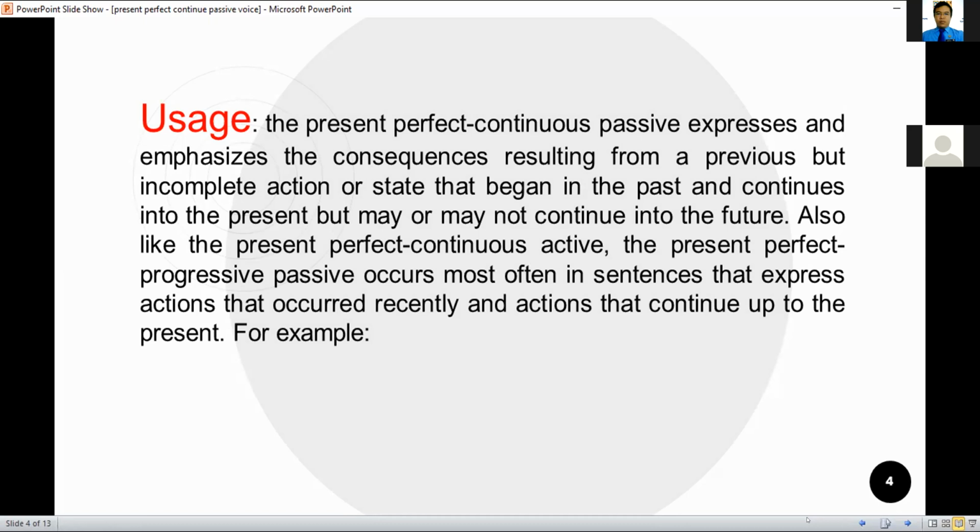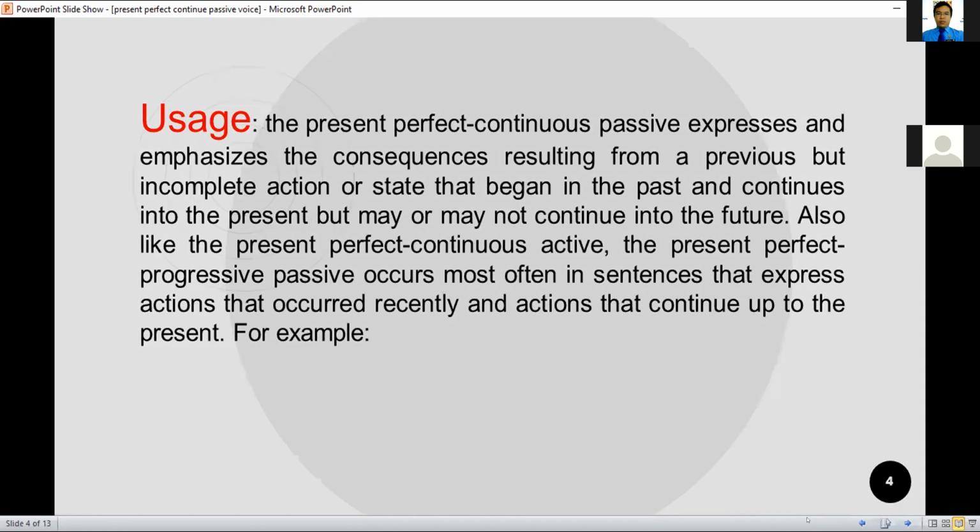Like the present perfect continuous active, the present perfect progressive passive occurs most often in sentences that express actions that occurred recently and actions that continue up to the present.